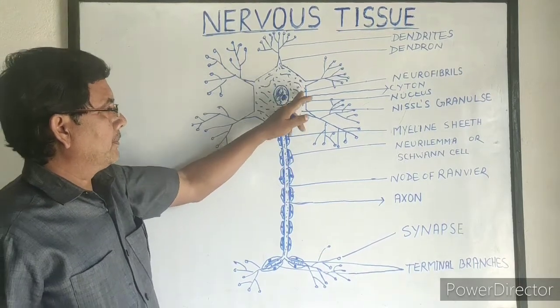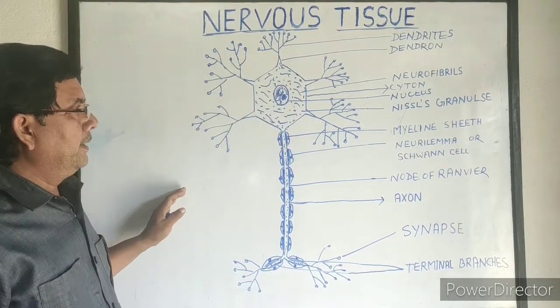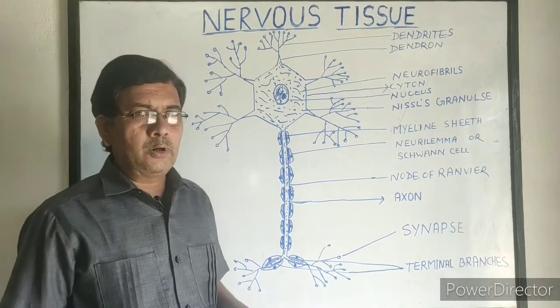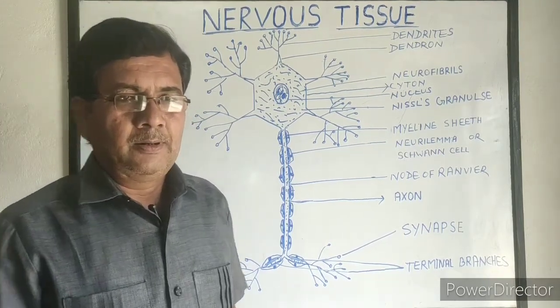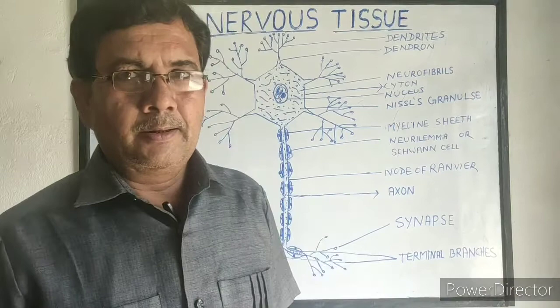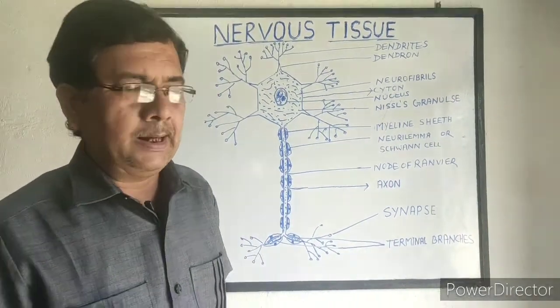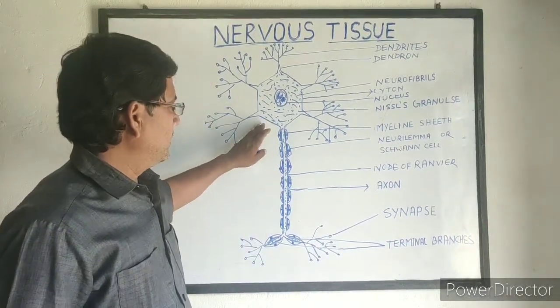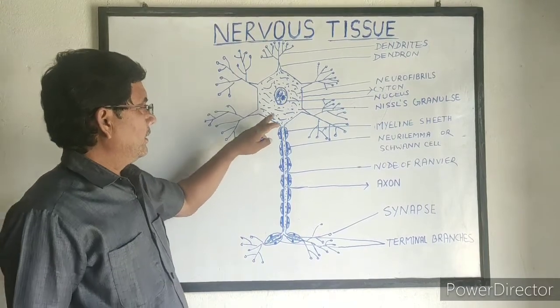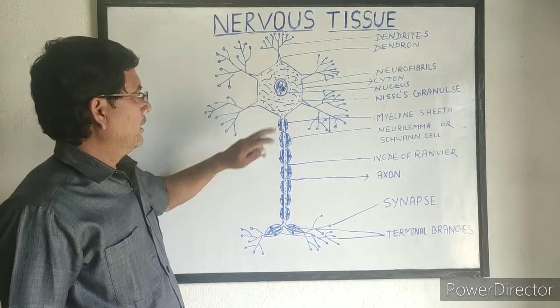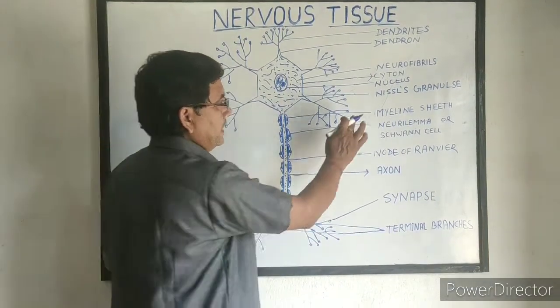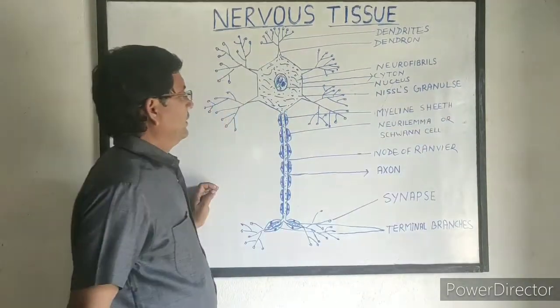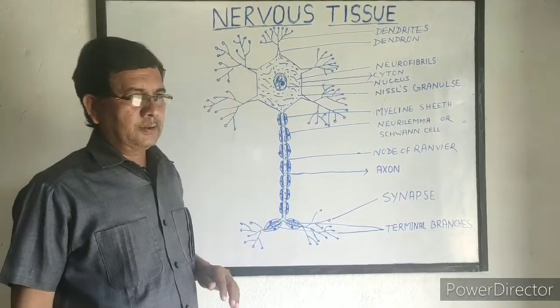The cytoplasm of the cell body is called neuroplasm. There are some differences between the cytoplasm of a simple cell and the cytoplasm of the cell body or cyton. This cyton contains Nissl's granules and neurofibrils.